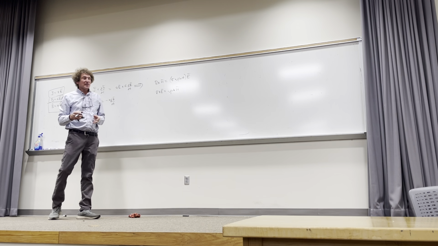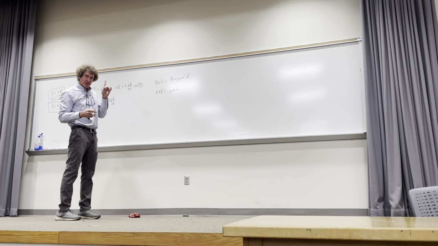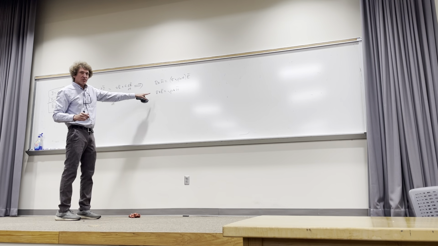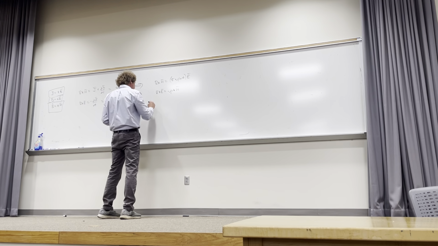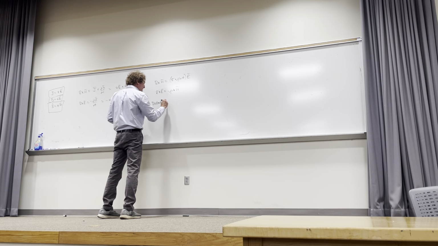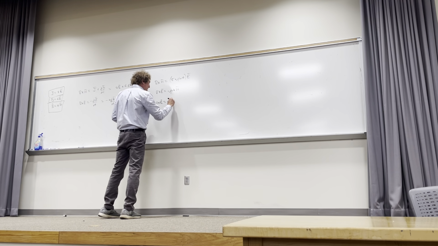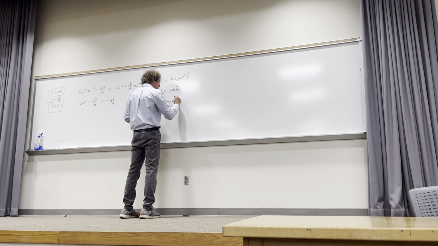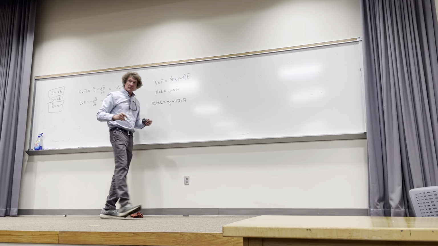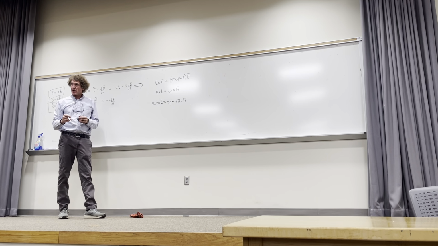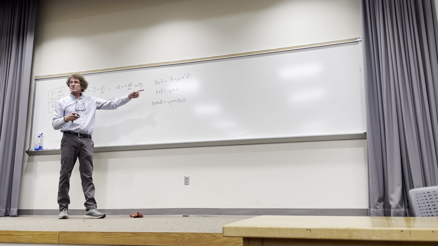Well, anytime you see curls, take a look. If I take curl of E here, what do I get? I get minus j omega mu times curl of H, don't I? Take a look, right? We're assuming mu is not a function of position, so that's a constant.